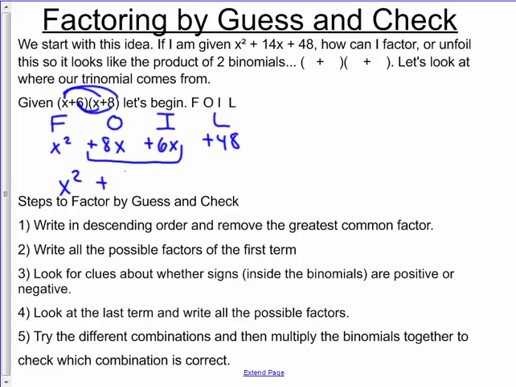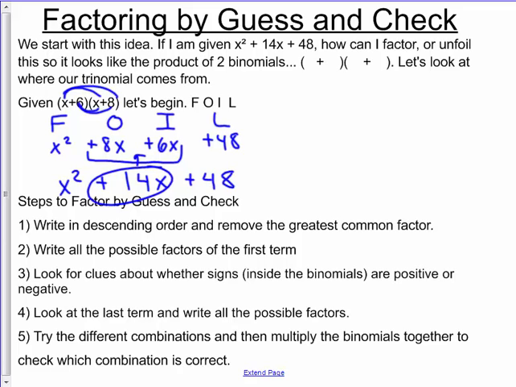So the key things that I want to look at here: Where does the 14x come from? Where does the 48 come from? So the 48 comes from multiplying the last terms together, 6 and 8. The 14x comes from the middle terms being added together.